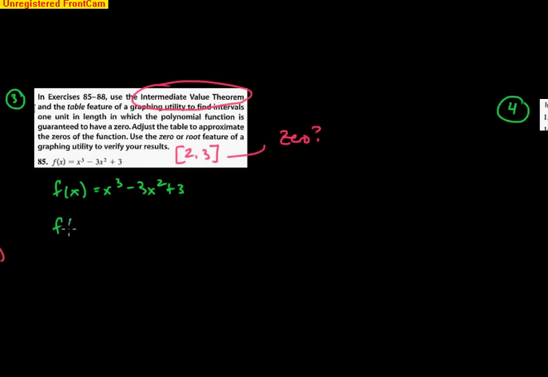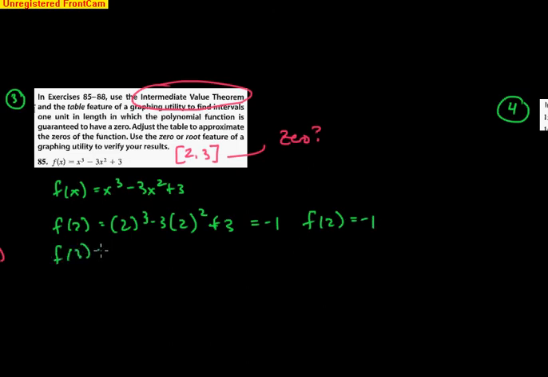So let's do that. F of 2 equals 2 to the third minus 3 times 2 squared plus 3. And when I do this in my calculator, I get a value of -1. So f of 2 is -1.